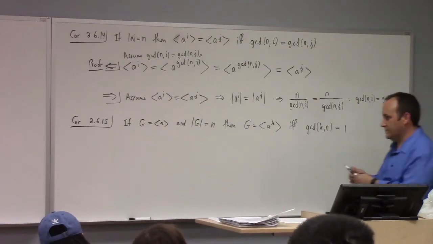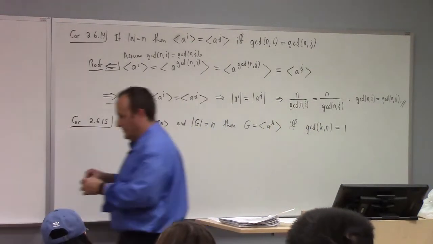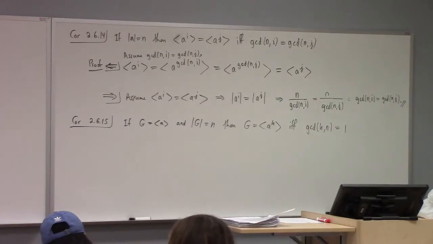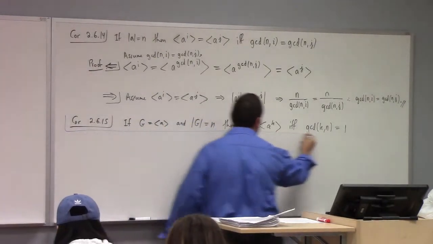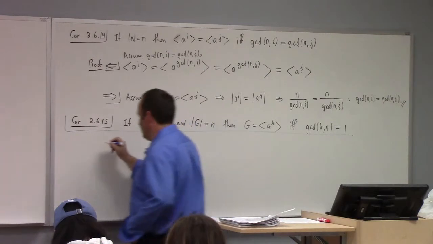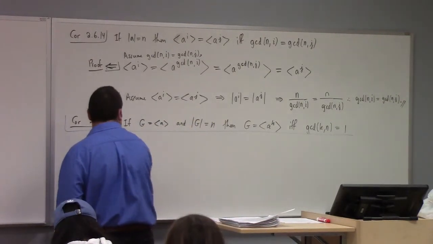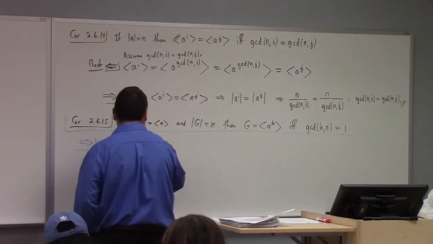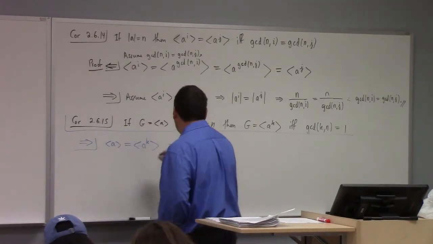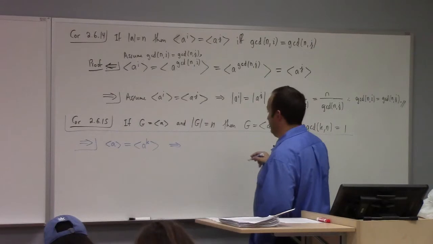I guess I should write the proof down. So here's the first thing. We have A equals the subgroup generated by a to the k, right? That implies, by the previous corollary, what?